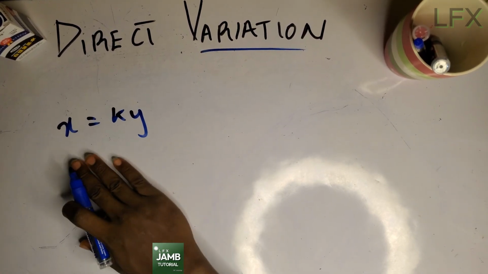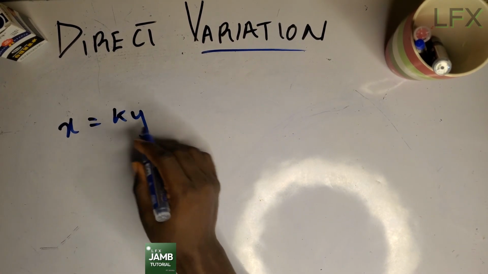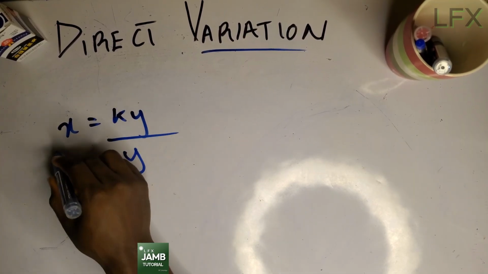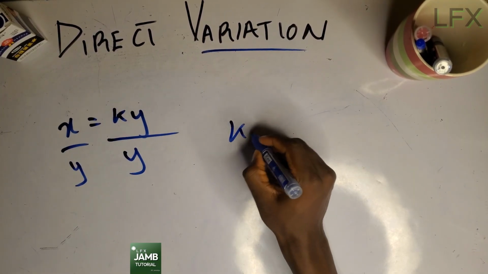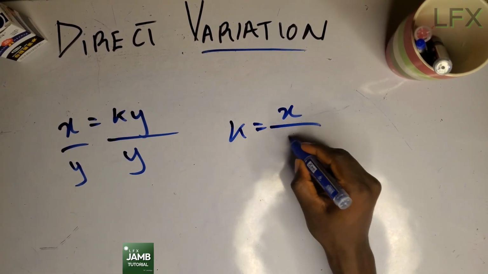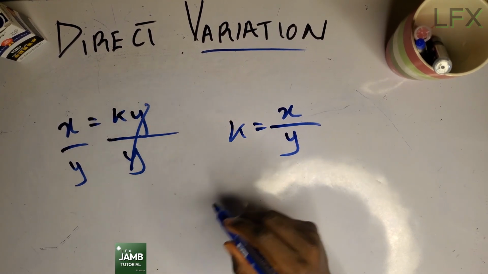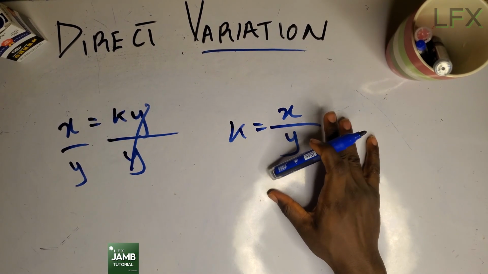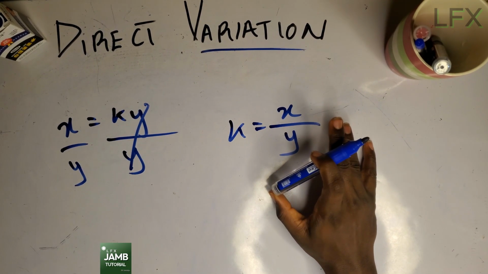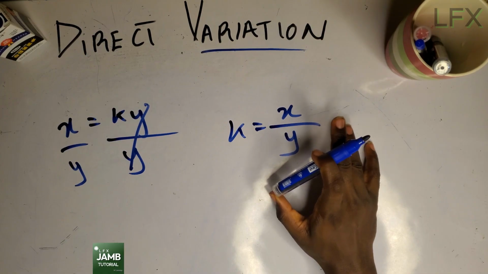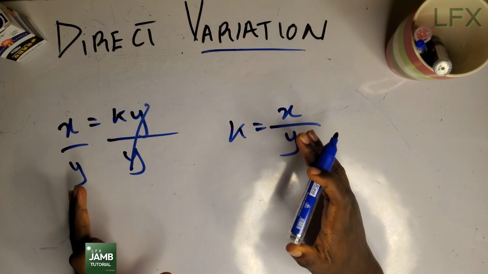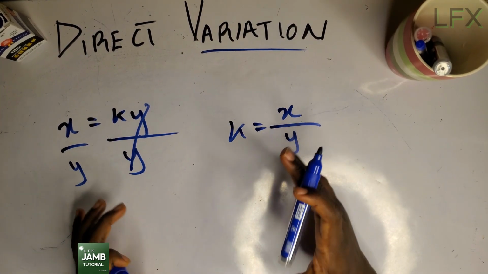And so if we have x equals ky, when we divide both sides by y, we're going to have our k equals to what? x over y. That is, our y cancels out, and we are left with x over y. With this, we'll be able to get our constant of proportionality. Let's quickly dive into questions.